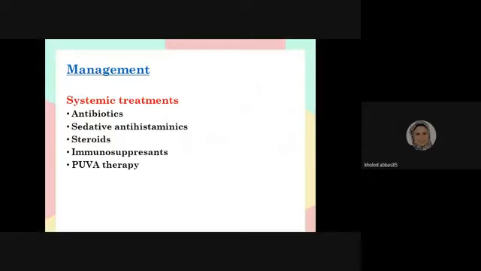Systemic steroid if there is a flare-up or widespread dermatitis, acute dermatitis or atopic dermatitis in a widespread form. Immunosuppressant in chronic refractory treatments, and PUVA light, as we said, phototherapy, also in refractory treatments.